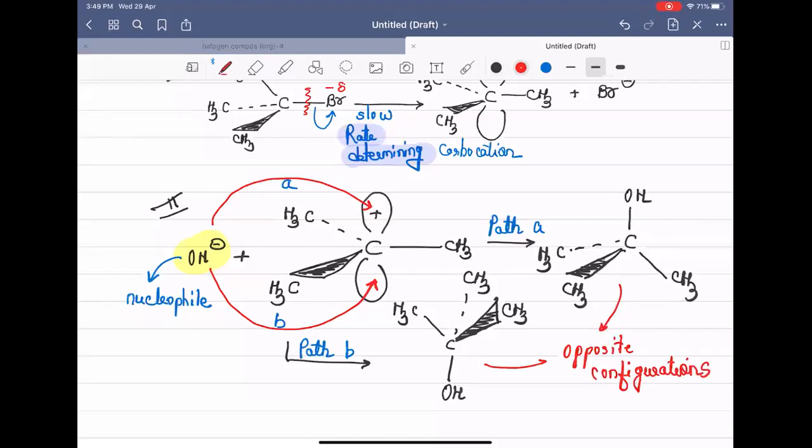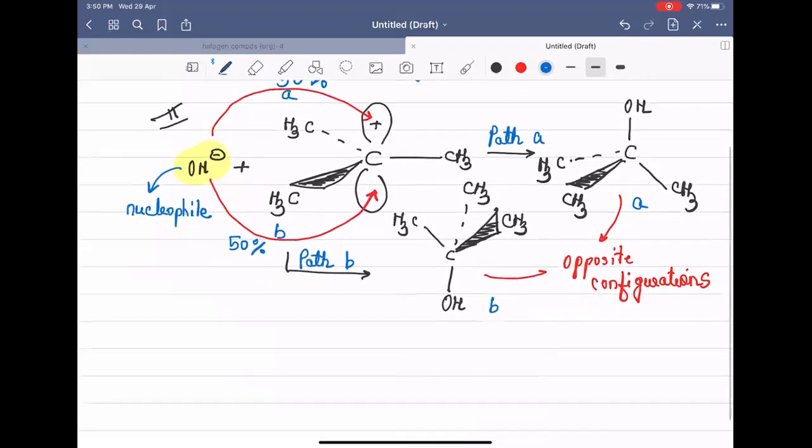Now, if you would ask me, what is produced? Is product A your major product, or is product B your major product, right? In that case, you may say there is a 50% possibility of OH going from the upside, or 50% possibility of OH going from below or the lower side, which means both the configurations are produced in almost equal amounts.